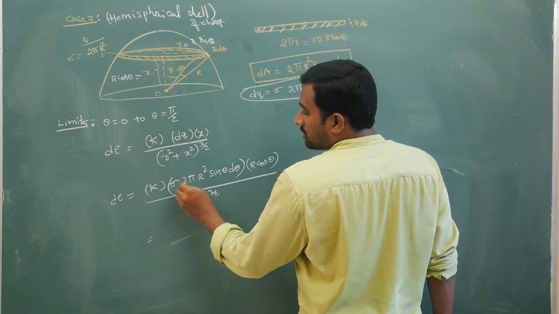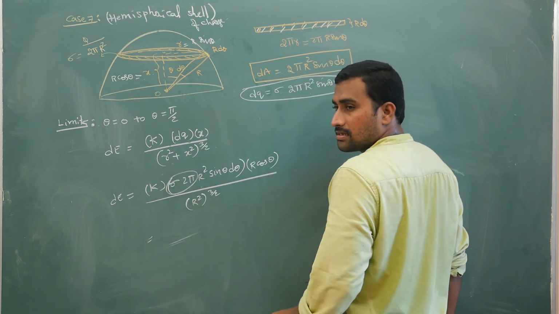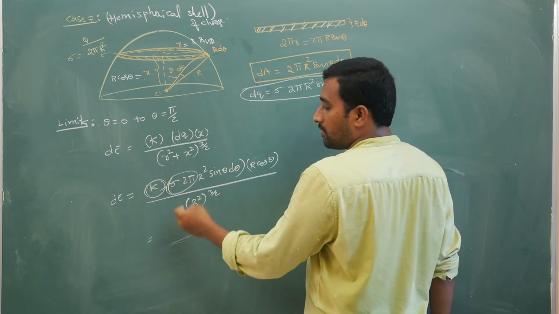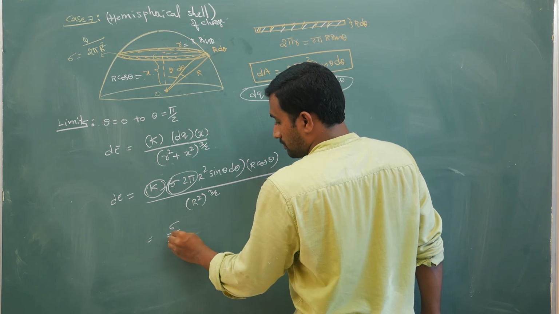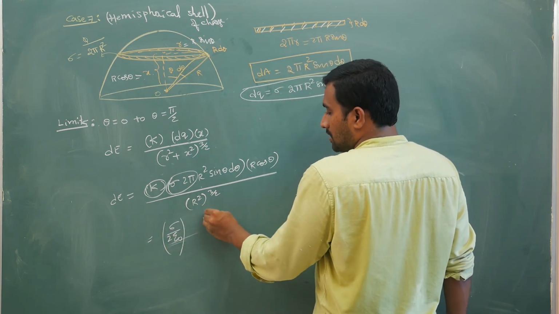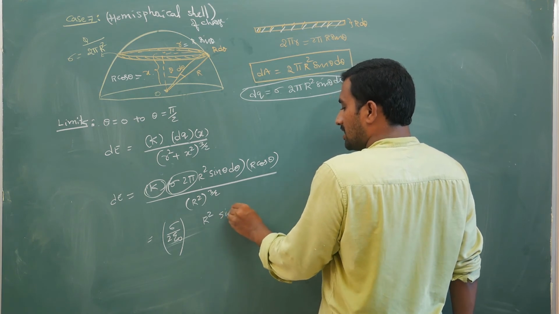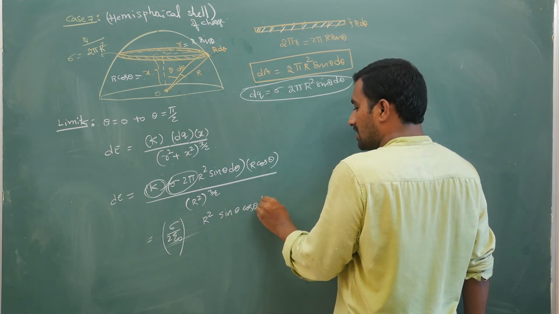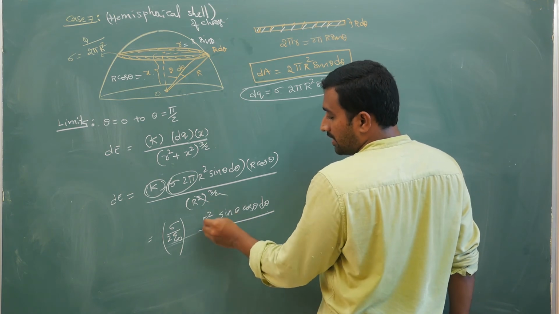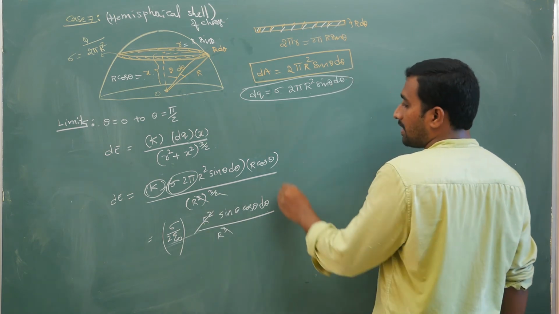So that will give you sigma into 2 pi into k, where k is 1 by 4 pi epsilon naught, so sigma by 2 epsilon naught times R square sin theta cos theta d theta, divided by R cube. R square will go off, and you get R cube in the denominator, which cancels.